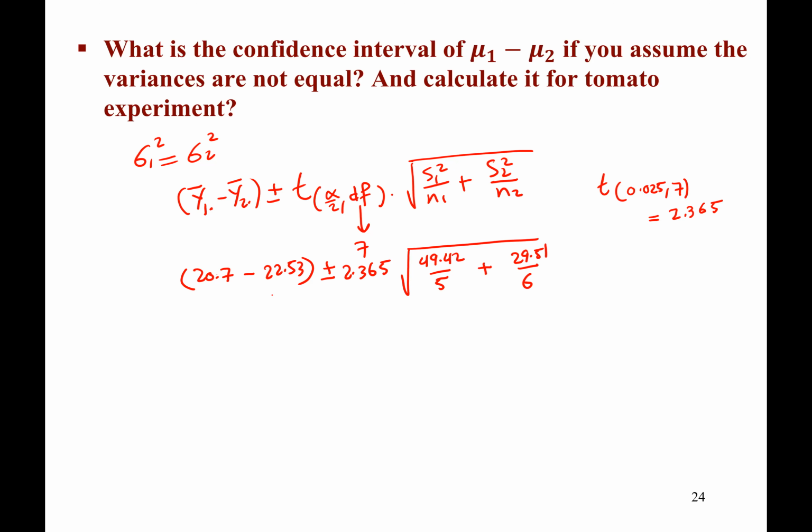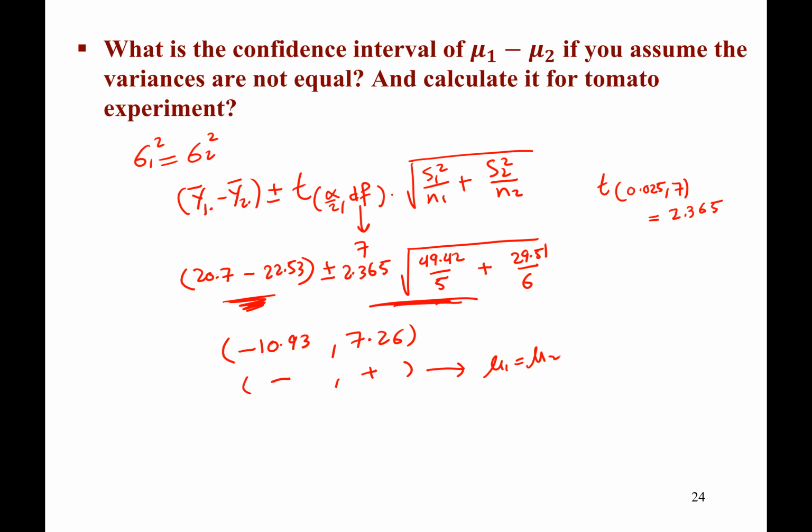When you calculate this one minus this one, it gives me the lower limit, negative 10.93. This one plus this one gives me the upper limit, 7.26. The lower limit is negative and the upper limit is positive, so we conclude that mu1 equals mu2.